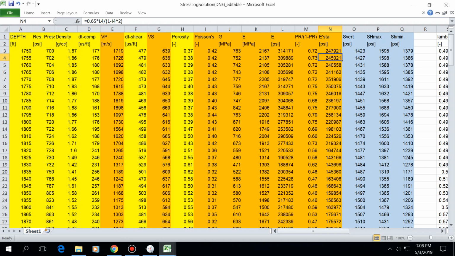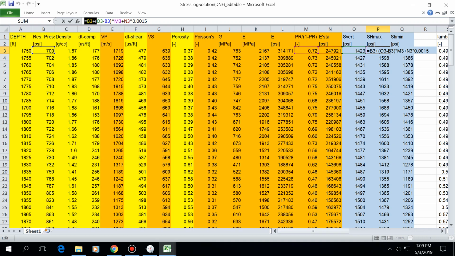So you use this value and that value, and together with the vertical stress and the pore pressure, you can calculate here, for example, the maximum horizontal stress. All right? So let's try to read this equation. This is pore pressure, okay? Because we want to calculate the total stress, so I am adding pore pressure. B3 is pore pressure.